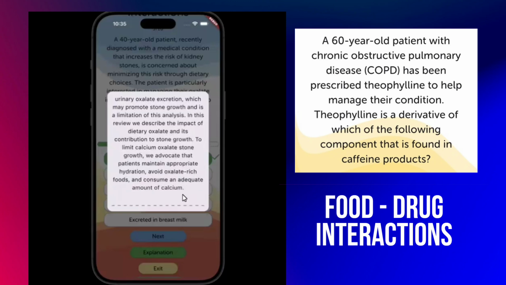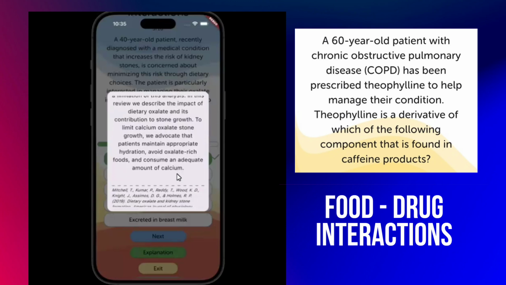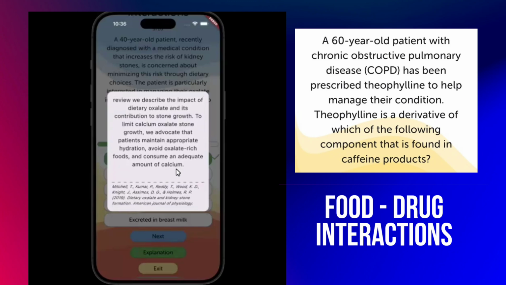So to limit calcium oxalate stone growth, we have to advocate that patients maintain appropriate hydration. Advise your patients to drink loads of water, especially when they're consuming high oxalate containing foods, okay? Remember, like I said with the vegetables, just steam it a little bit, cook it before you eat it.